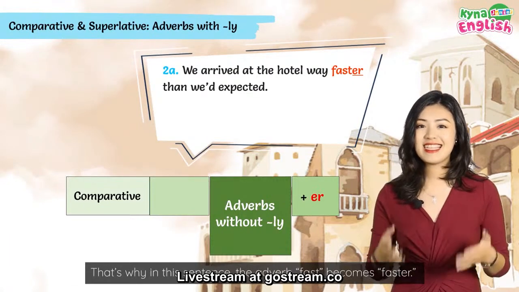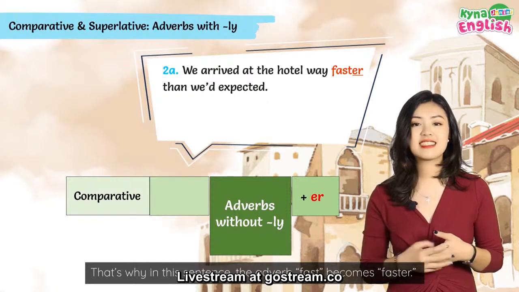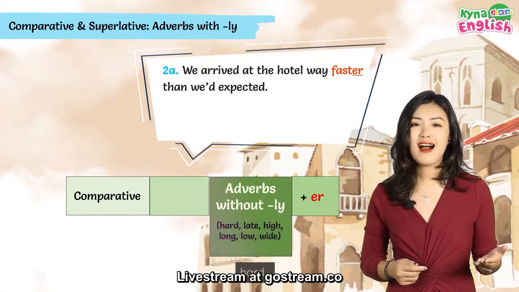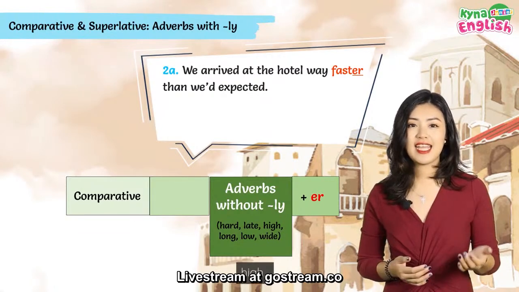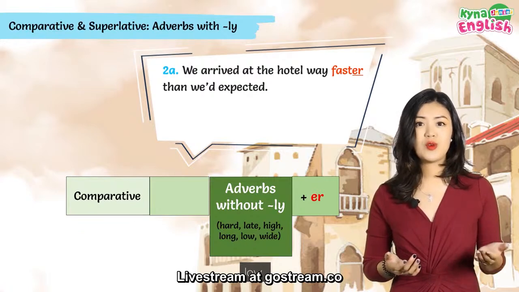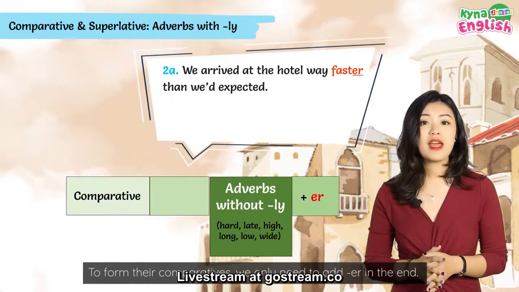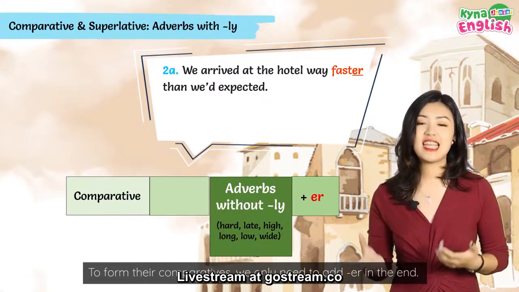That's why in this sentence, the adverb fast becomes faster. Some other similar adverbs are hard, late, high, long, low, and wide. To form their comparatives, we only need to add er in the end.